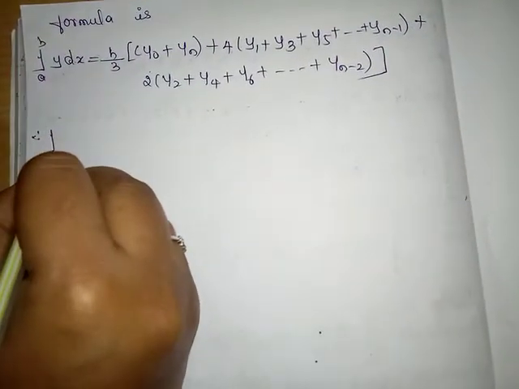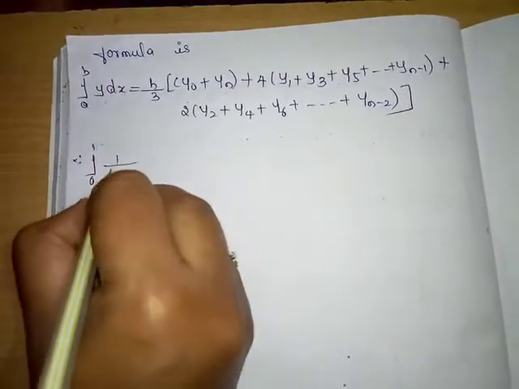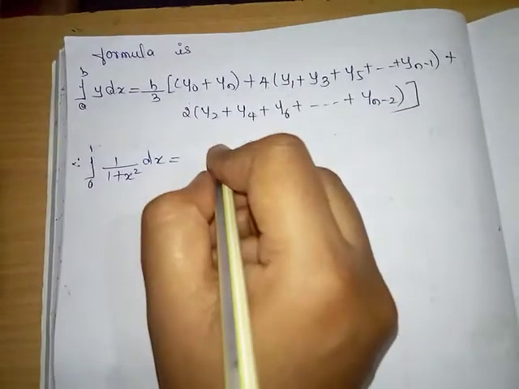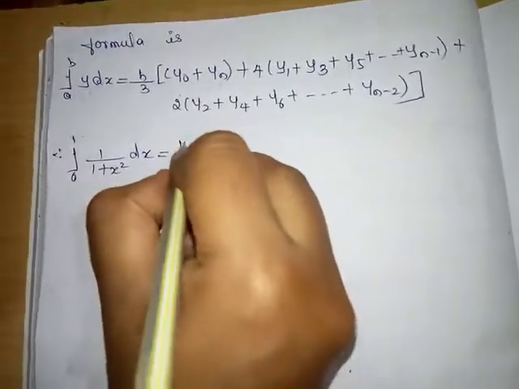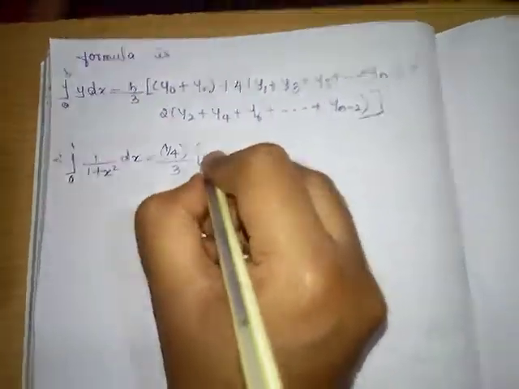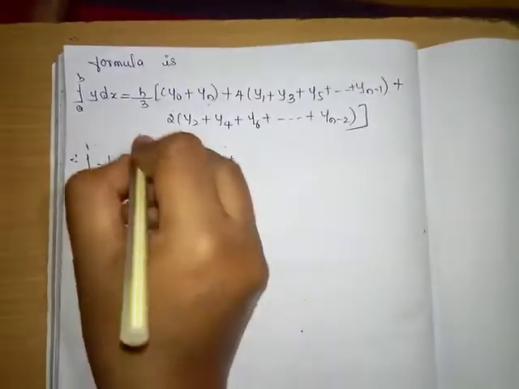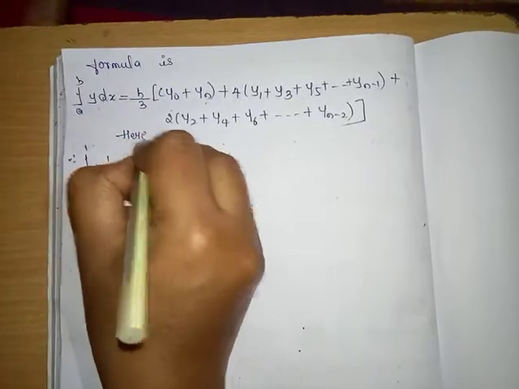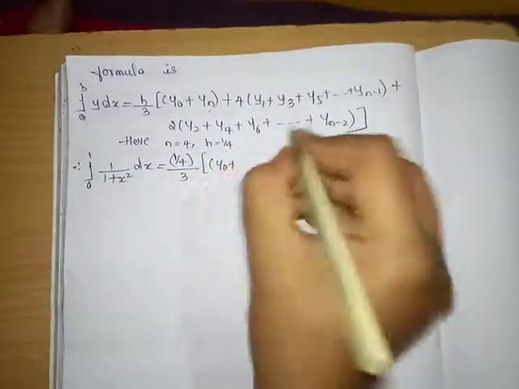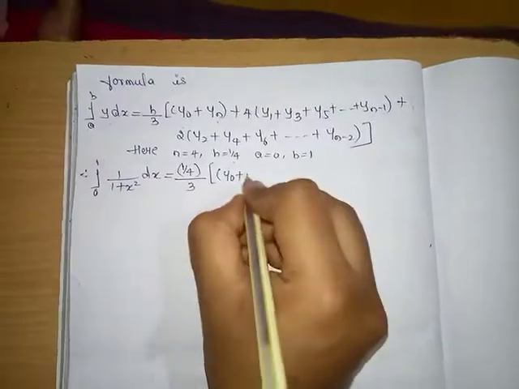Here a value is 0, b value is 1, and the function is 1 divided by 1 plus x square into dx. Here what is the h value? H value is 1 by 4 divided by 3 into y0 plus y4. The n value is 4 here, so I will write n is equal to 4, h is equal to 1 by 4, a is equal to 0, b is equal to 1.